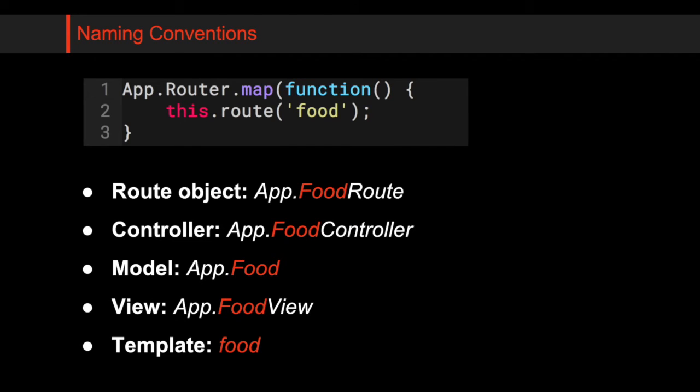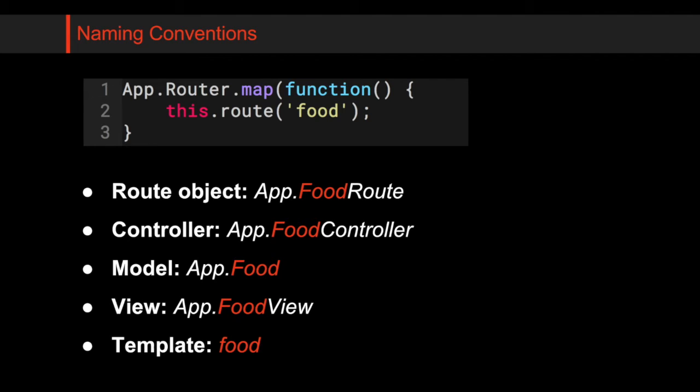Naming convention. It is very important because Ember is very strict about the naming convention. For example, here we have the route called food.